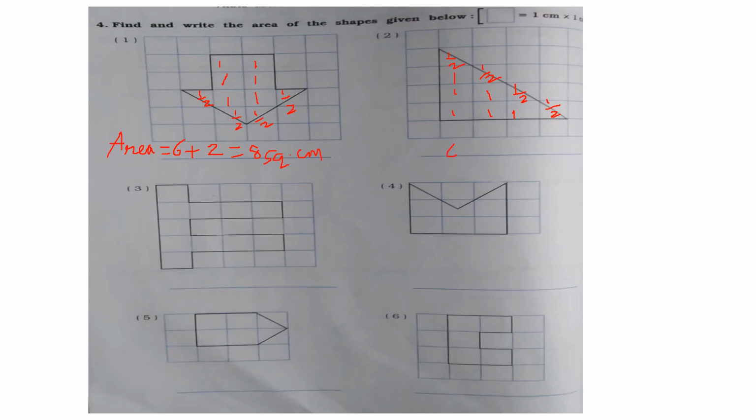Okay, total 6 half squares. Again half plus half 1, again half plus half 1, so total 2. So again area will be 6 plus 2, that is 8 square centimeter. You can write neatly in the workbook. So that is area.